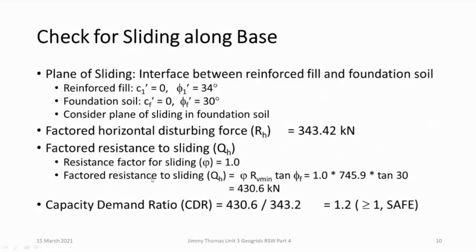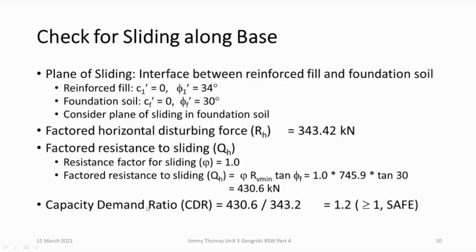So the factored resistance to sliding is the resistance factor times RV minimum, because we want to calculate the minimum resisting force, which will be the most critical. So we take the minimum vertical factored force times tan phi of the foundation soil. In this case, our resistance factor is 1, again given in the code. We take 1 times the RV minimum value times tan 30. So this gives our factored resistance.